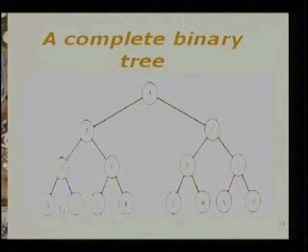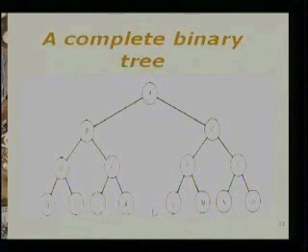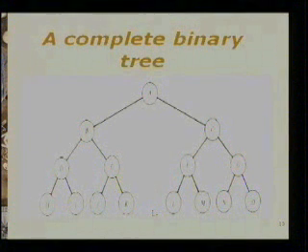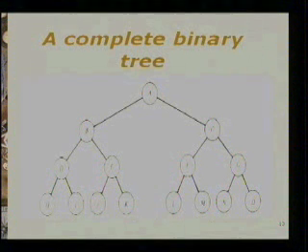These leaf nodes don't have children, and that is the last level in the binary tree. So in a complete binary tree, you don't have any node with less than 2 children, except the leaf nodes. Such binary tree is called a complete binary tree.